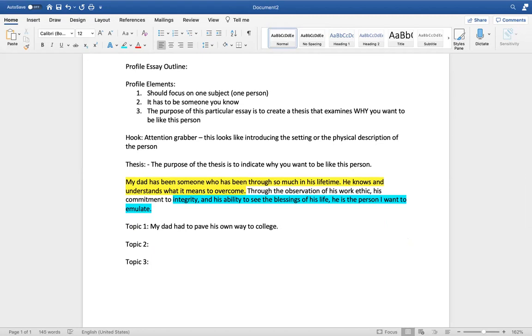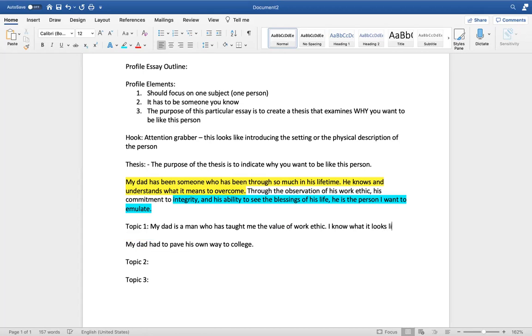Y'all, the story is great, but the story is meant to be support. It is not the topic. The topic should be, my dad is a man who has taught me the value of work ethic.